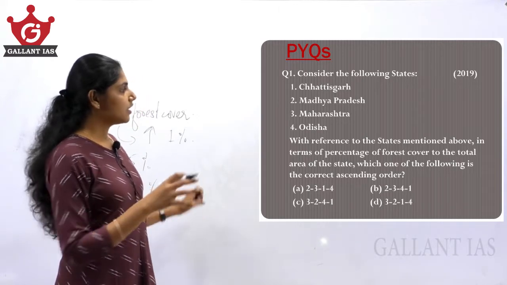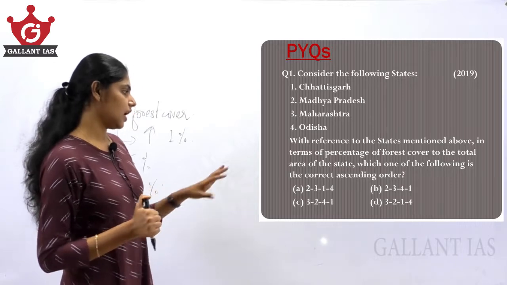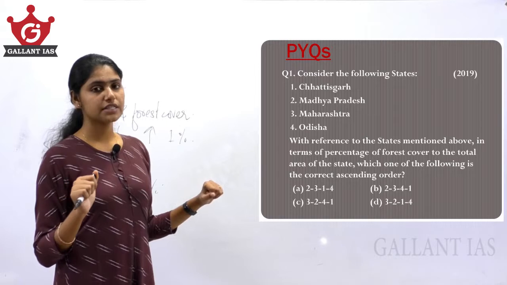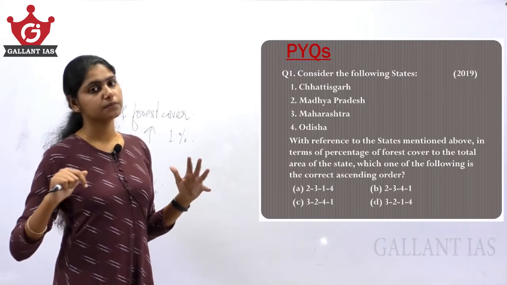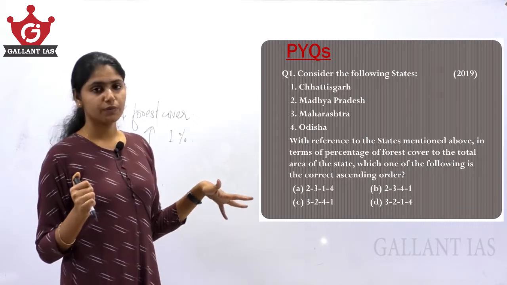So when we take state wise, it is like Maharashtra, which is having 16.74% of its total area occupied by the forest cover.